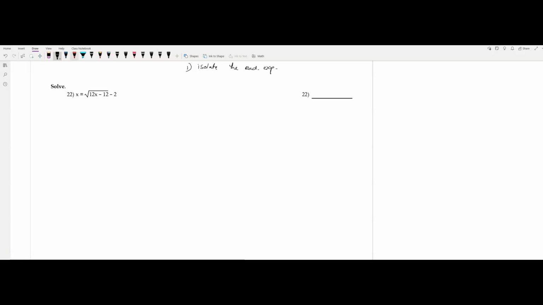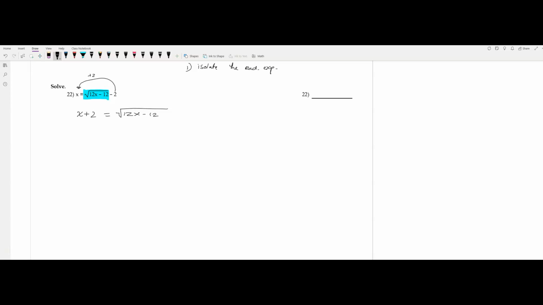So here you can see that we have the square root of 12x minus 12 here, combined with negative 2, right? We don't want that. So therefore, we need to move that negative 2 to the right side of it. It's going to become positive 2, right? So the next step, I'm going to have x plus 2 equal to square root of 12x minus 12.